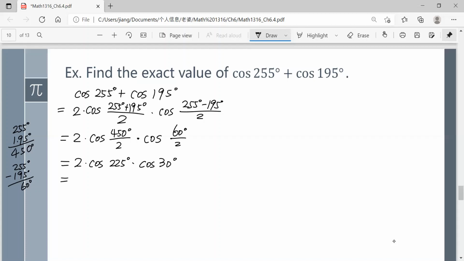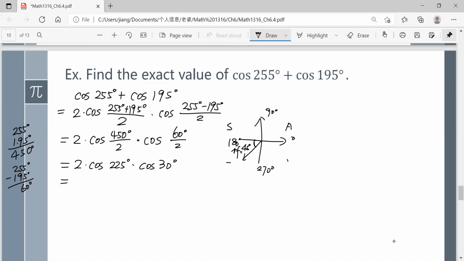And what is cosine 225? So this is 0, 90 degrees, 180 degrees, 270 degrees. So 225 is here, and the reference angle equals 225 minus 180 degrees, that's 45 degrees. This is the reference angle. ASTC: the cosine in the third quadrant is negative.